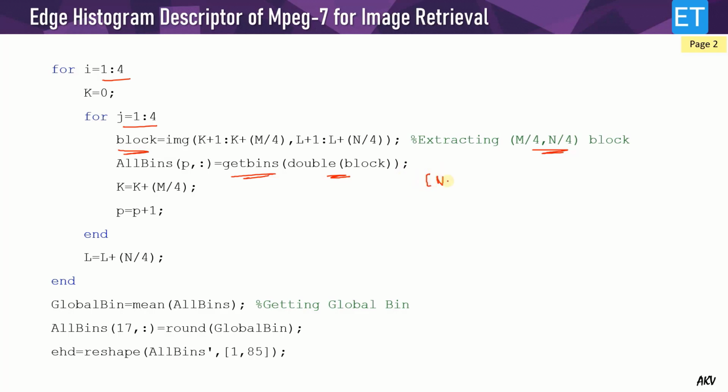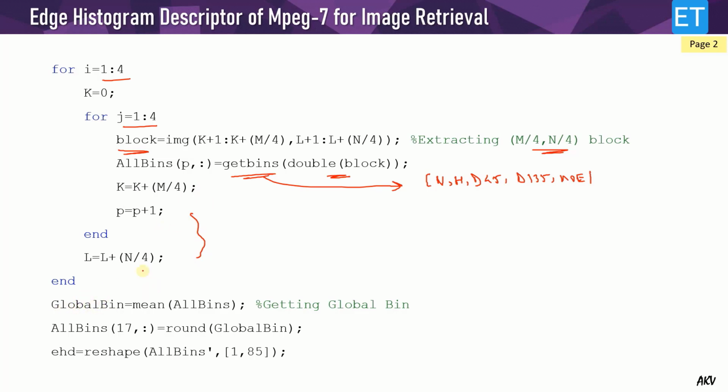I mean your vertical, horizontal, D45, D135, and then non-orientation type of edge. This will be the output of the getBin function. So we will see in the coming slide. And here are some counters.